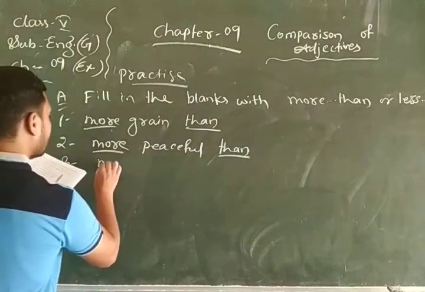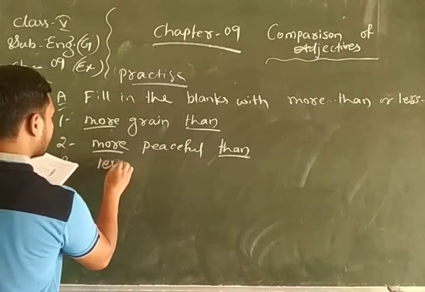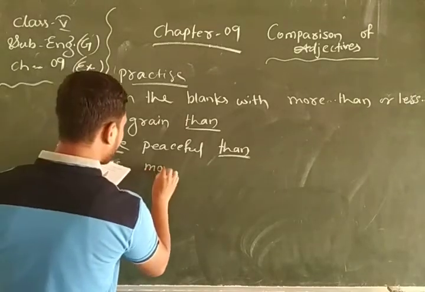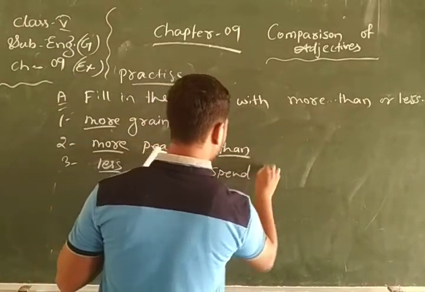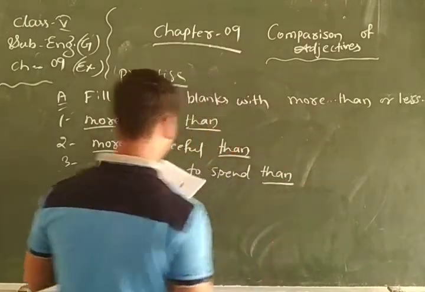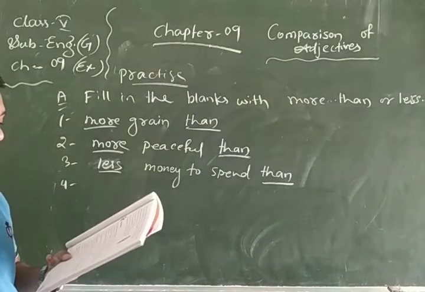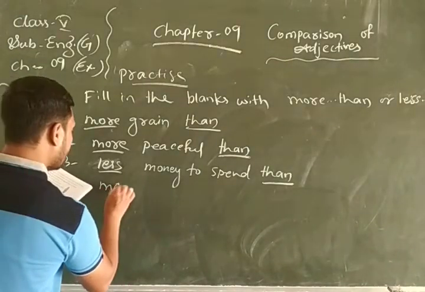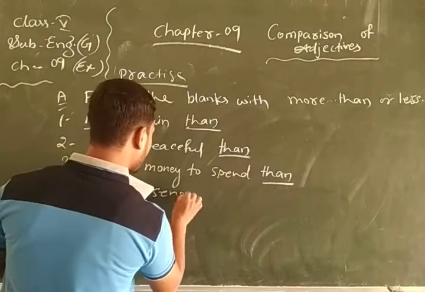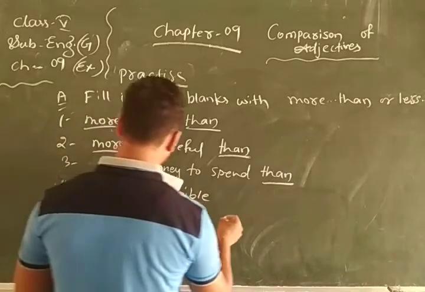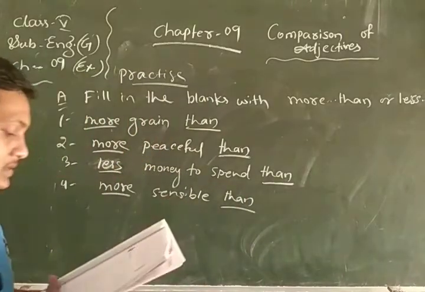Raja has more, we can also write less, okay, less money to spend than Raj. Number 4, although Tom is older, Tim is more sensible than he is, okay.